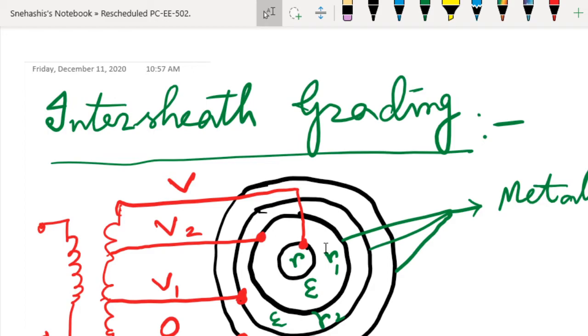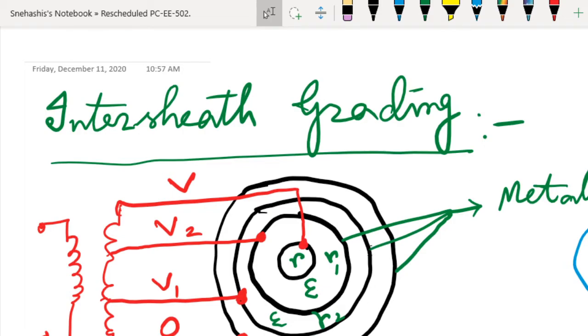Now the objective is to show that the gradient with intersheath will be smaller than the gradient without intersheaths. So we know that if no intersheath was there, if you compare this particular cable with this one, the whole thing, it is R, it is capital R. There the stress distribution was nonuniform.